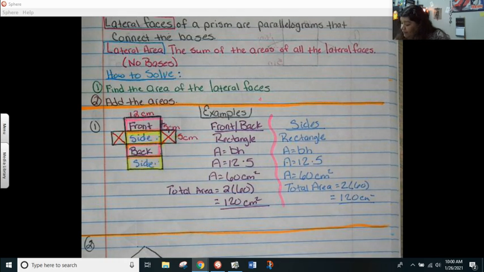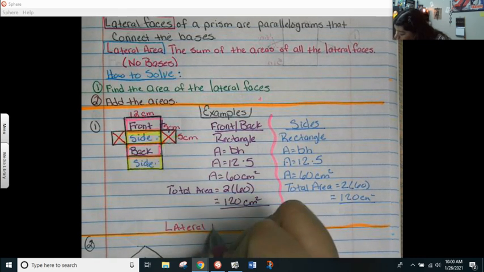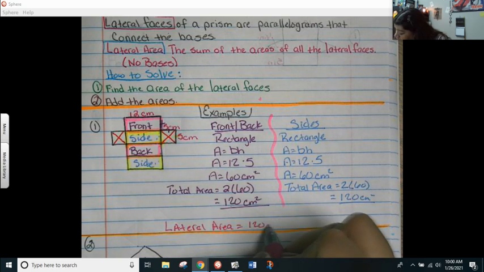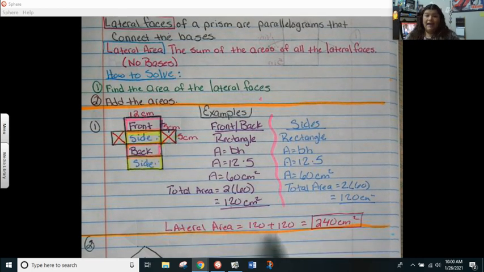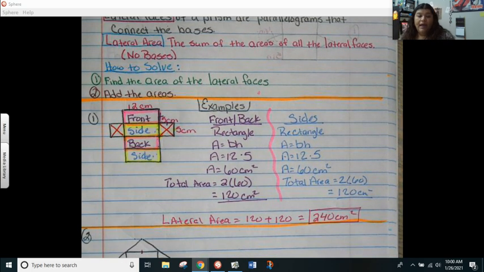Now, to find the lateral area, we're going to add 120 plus 120, which gives us 240 centimeters squared. And my centimeters stay squared here because I'm just adding them. That's all I'm doing. So it doesn't change the unit. Okay, so 240 centimeters squared.